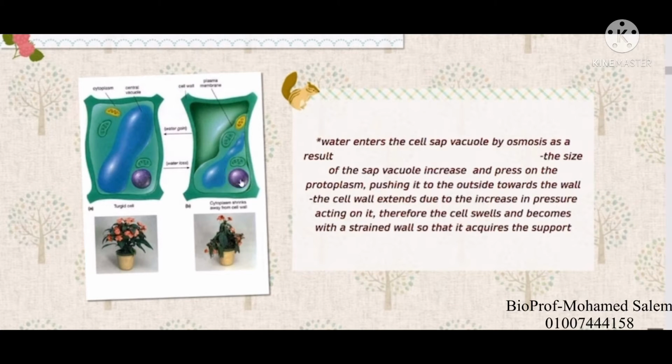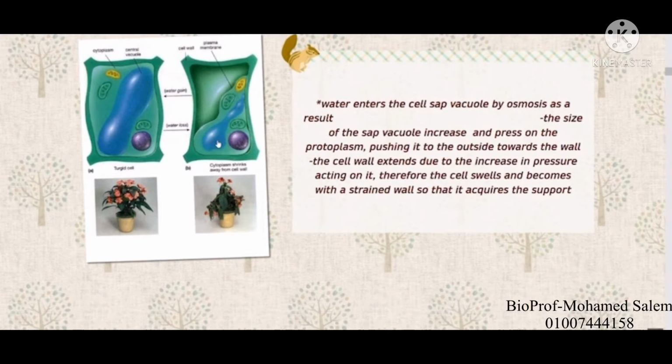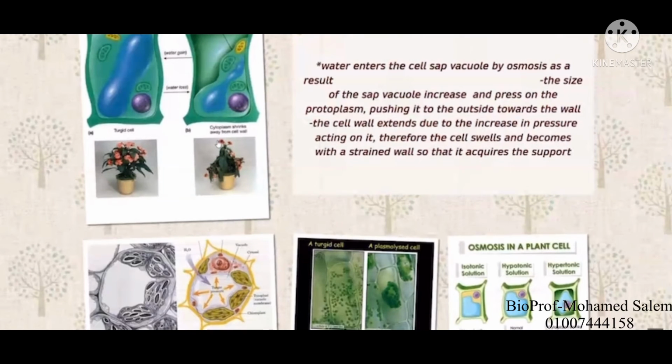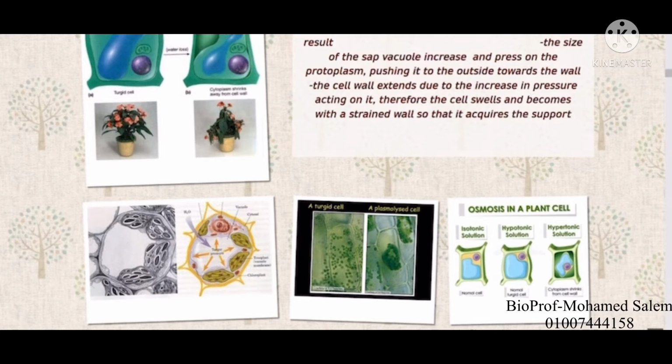The water will move from high concentration inside the cell to outside, so the cell membrane will shrink and move away from cell wall and becomes flaccid, okay, or plasmolysis. This is the opposite of turgid. So in here, cytoplasm shrinks away from the cell wall.